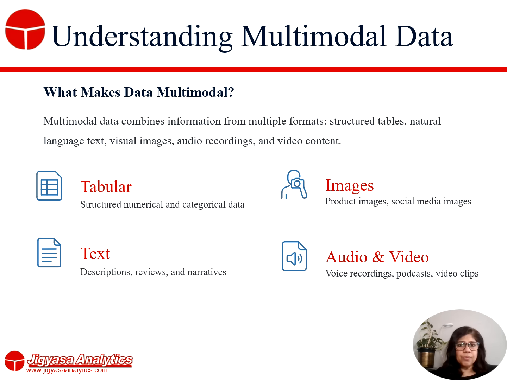Interestingly, some of these diverse data types have always been available. For instance, product images and descriptions have existed for years. Yet historically, they were often ignored. And this was because tabular data was simpler to analyze and the tools and resources for handling other formats were very limited. Today, however, the landscape has changed.